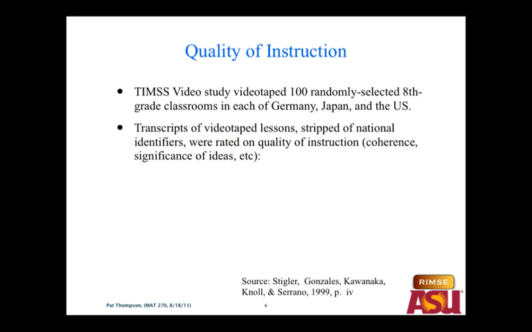So let's talk about how instruction may have influenced that, what we just saw. There was a video study called the TIMSS. They videotaped 100 randomly selected 8th grade classrooms in Germany, Japan, and the US. Then they made transcripts of those videotapes and took out all national identifiers. Outside people analyzed those transcripts without knowing which country they were looking at.